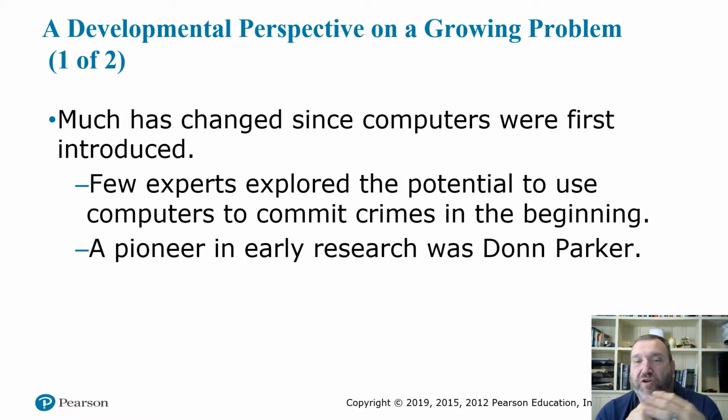I don't know if I totally agree with the idea that few experts explored the potential to use computers to commit crimes in the beginning, because looking at the child pornography uptake, we went from UPS trucks delivering lots of media where we were arresting people, to zero trucks showing up with stuff, to everything being online in about a year and a half.